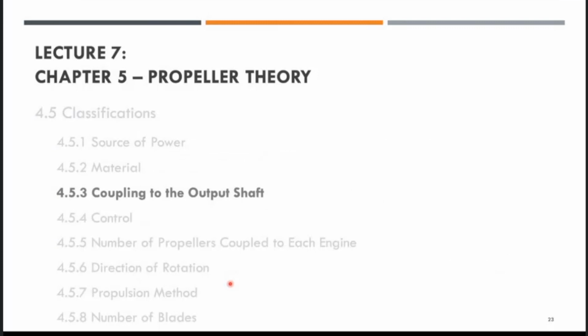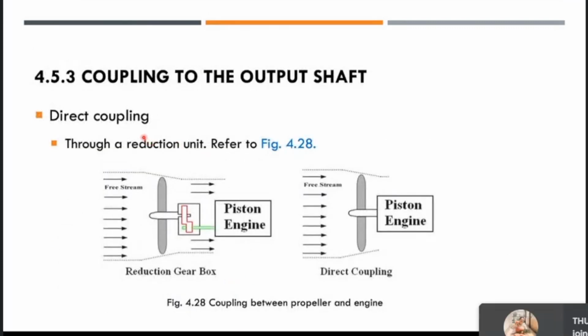Okay, 4.5.3, coupling to the output shaft. With direct coupling, you can see that the propeller is connected directly to the engine. With a reduction unit, you have a reduction gearbox in the middle before you reach the piston engine.